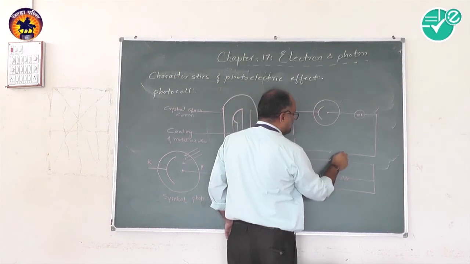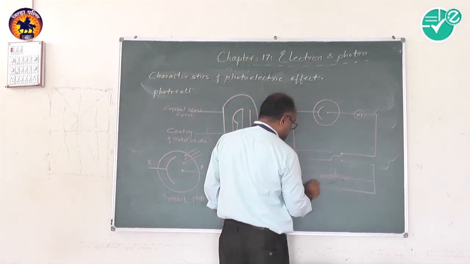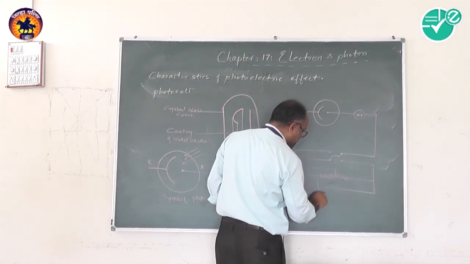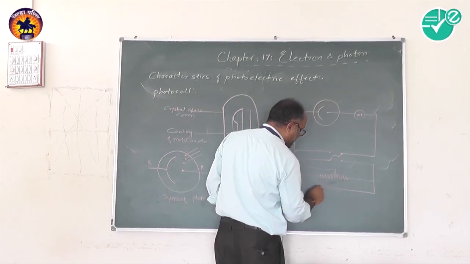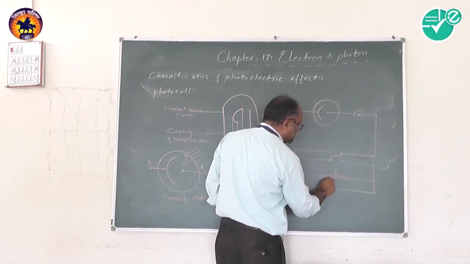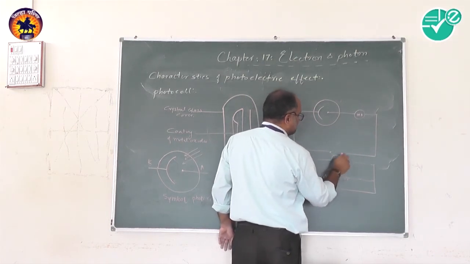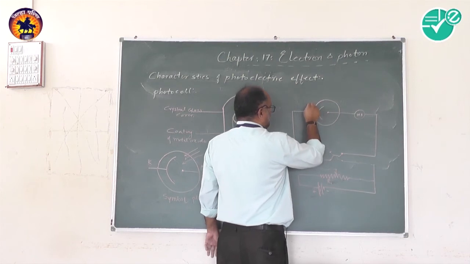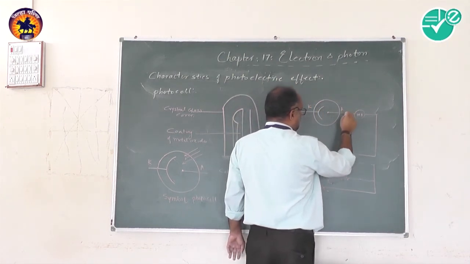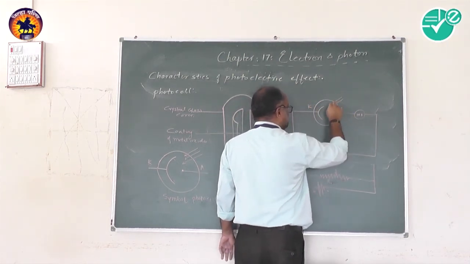This is the anode. First the anode will be connected to the positive terminal of the battery, positive, negative. This is the rheostat, with the help of which the potential given will be changed, and this is the cathode and anode, and these are the incident radiations.